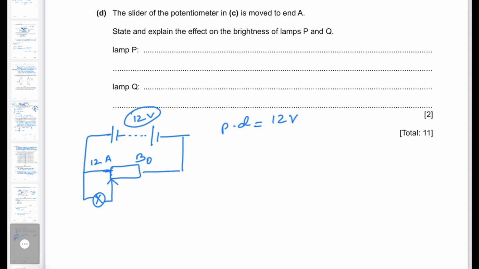When the slider is at A, the potential difference across P is the potential difference between A and this left hand side junction of the upper loop. And that's because, as you can see, lamp P is connected in parallel to this part of the circuit. So potential difference of P is equal to the potential difference across A and the junction, which I have circled.